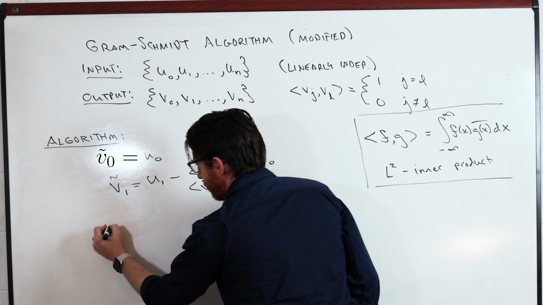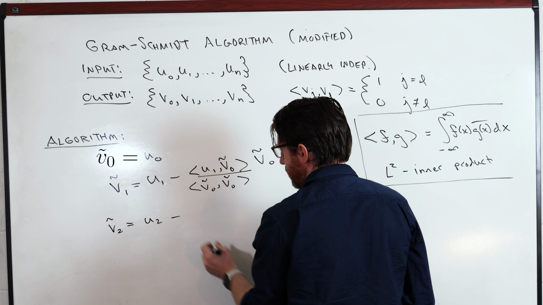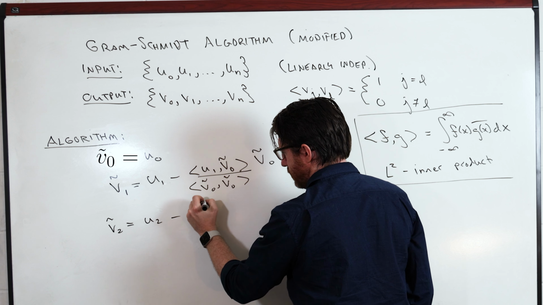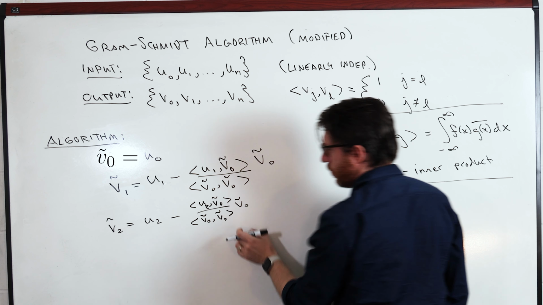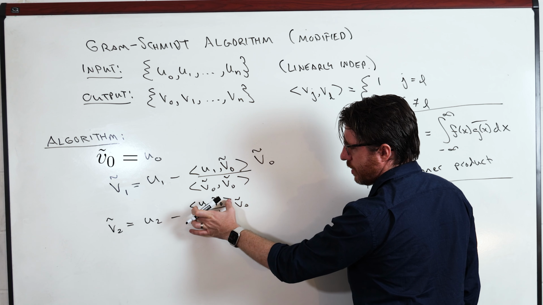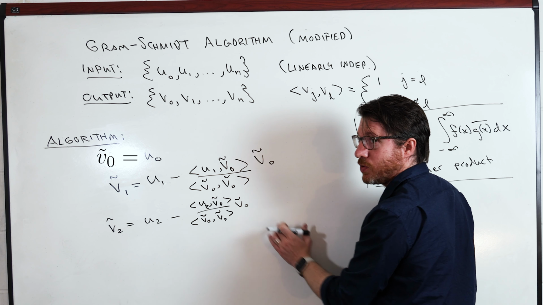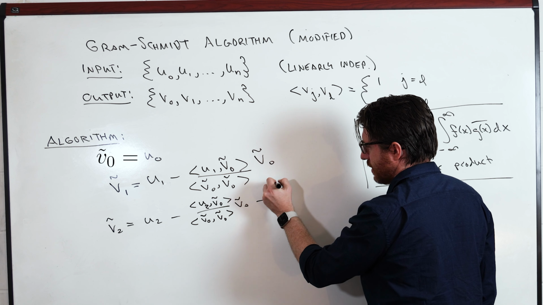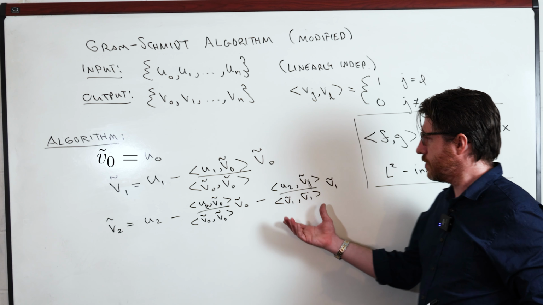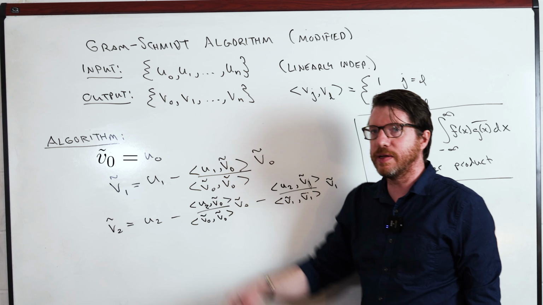Let's go ahead and write down v2 tilde. It's going to be equal to u2 minus all these terms again. We have the v0 tilde term appearing again, with the same coefficient except that instead of u1 we have u2. Then we do the same exact thing for v1 tilde. Now you can show v2 tilde is orthogonal to v1 tilde and v0 tilde.